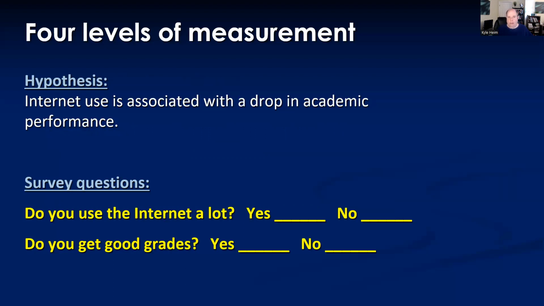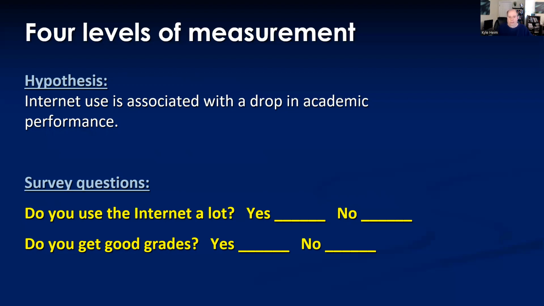So you would want to make sure that if you were doing this in the form of a survey, that you had at least one question for each of those variables. So you might be tempted to ask questions like what you see listed on the slide. Do you use the internet a lot? Yes or no? Do you get good grades? Yes or no? And say, there you go. That's how I'm going to measure those 2 variables.